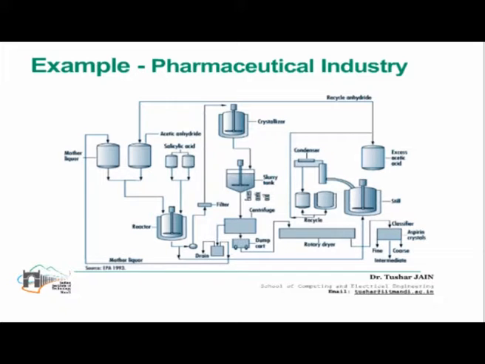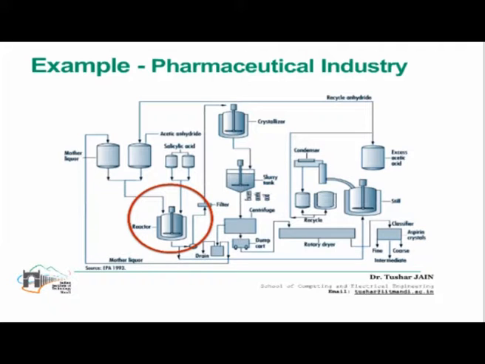But here, if we just want to study the process and see the dynamics, so that we can finally design the controller, then in this very first example, you need to identify the sub process where it is critical to study the dynamics.